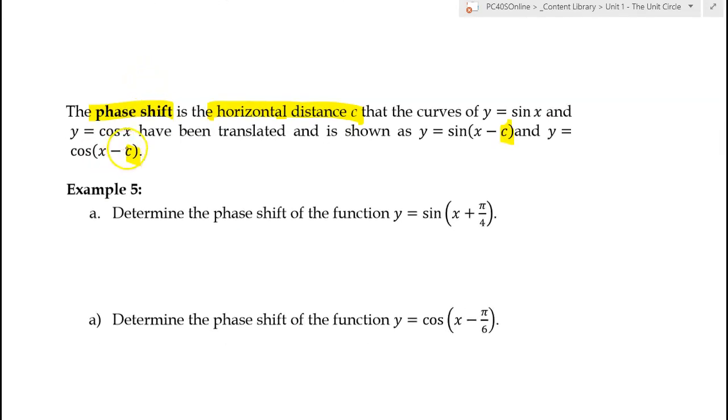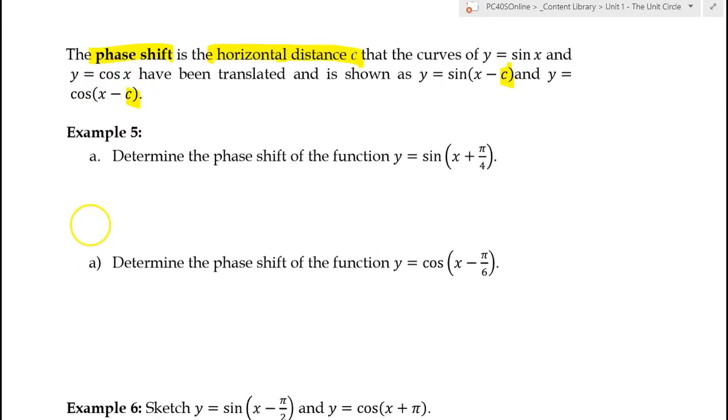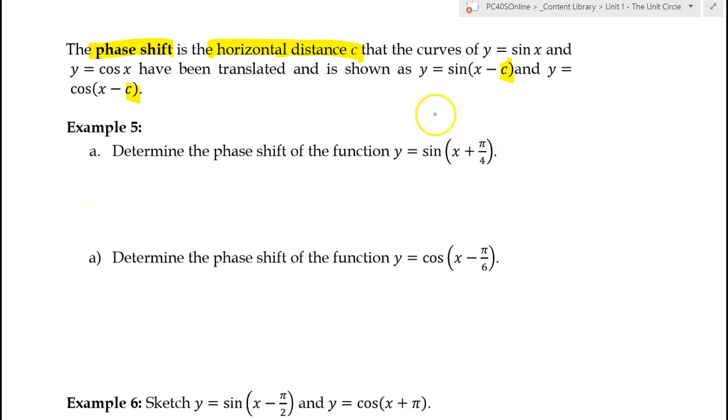Here, when I do a phase shift, because it's subtracting in my general formula, when I identify my C value from any equation, it changes the sign of the number that's in there, which means it seems like it's doing the opposite of what it looks like.